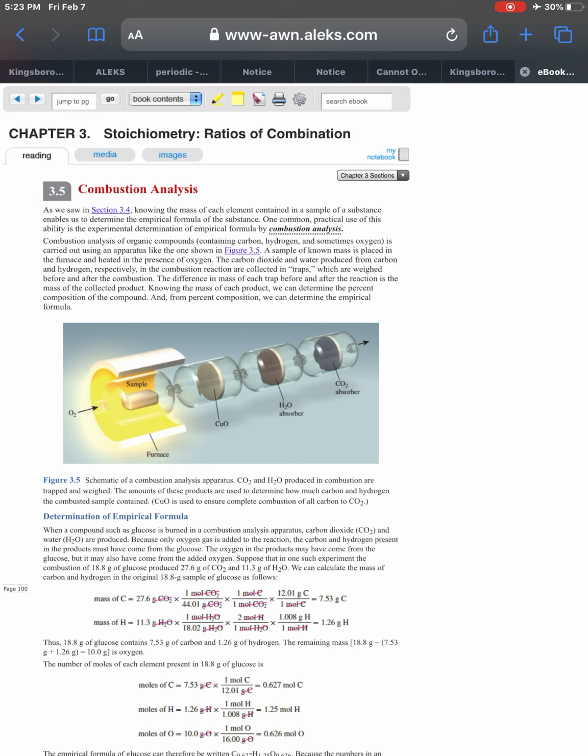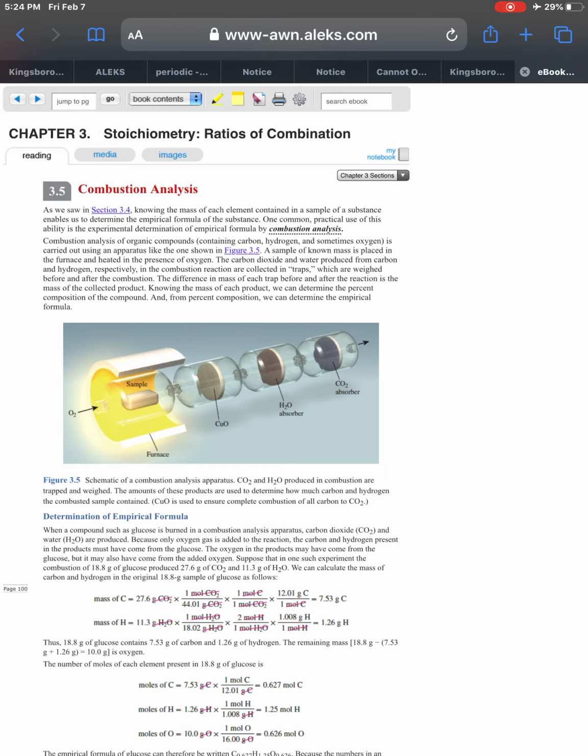The materials used to absorb the water and the carbon dioxide are not shown here, but there are many materials such as calcium sulfate that can absorb water, and many materials such as lithium hydroxide that can absorb carbon dioxide. So the logic is this. You weigh the sample so you know how much of the compound you have.